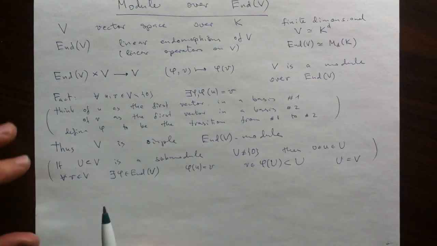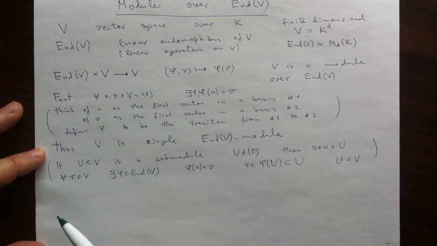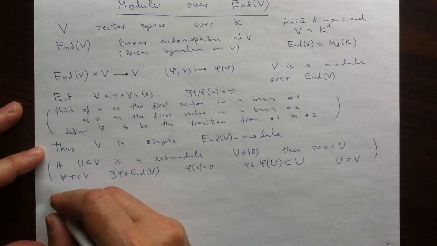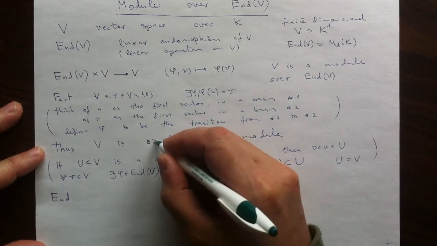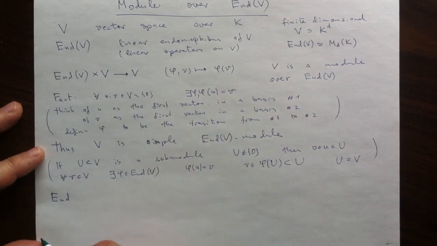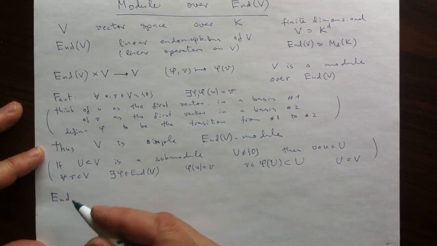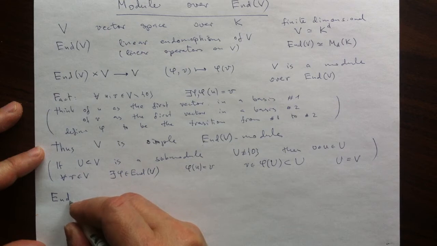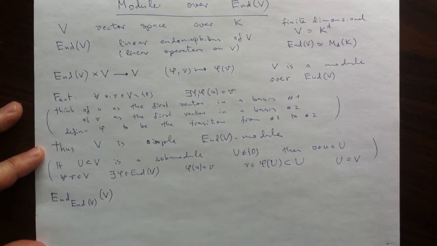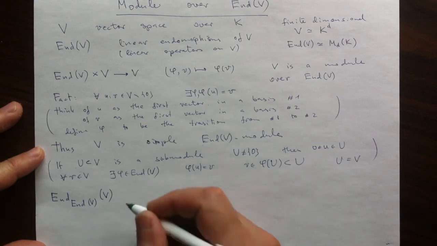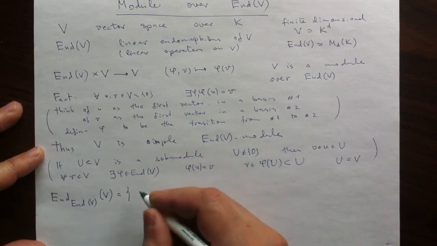That makes it simple. And any simple module fits into the input of Schur's lemma, which is about endomorphisms of these simple modules. So let's apply Schur's lemma to this case. Let's really run Schur's lemma in this case and compute the endomorphism ring of this module V as a module over the endomorphisms. So let's unpack the definition.